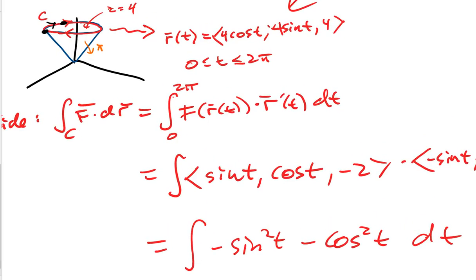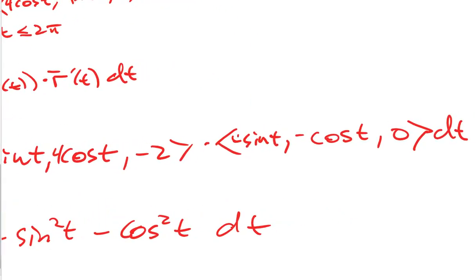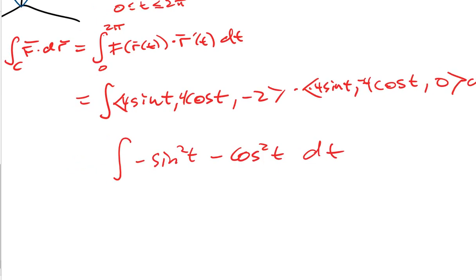And now this would be 4 here, 4 here, and there will be 4s here. And so what I get is 4 times 4 is 16 on both of those. So negative 16 sine squared t, and then negative 16 cosine squared t.